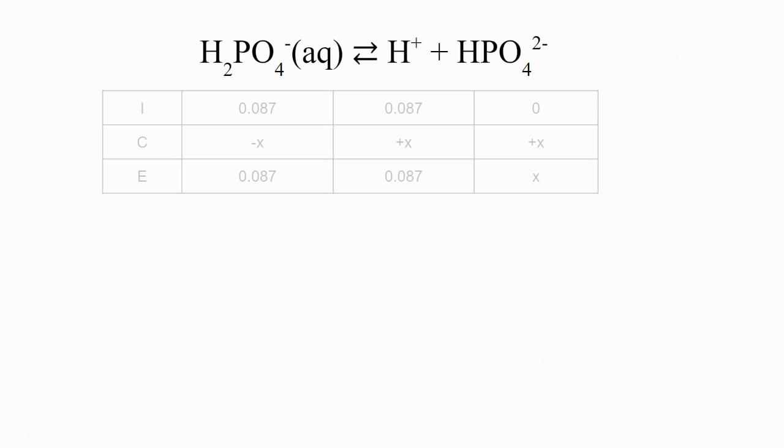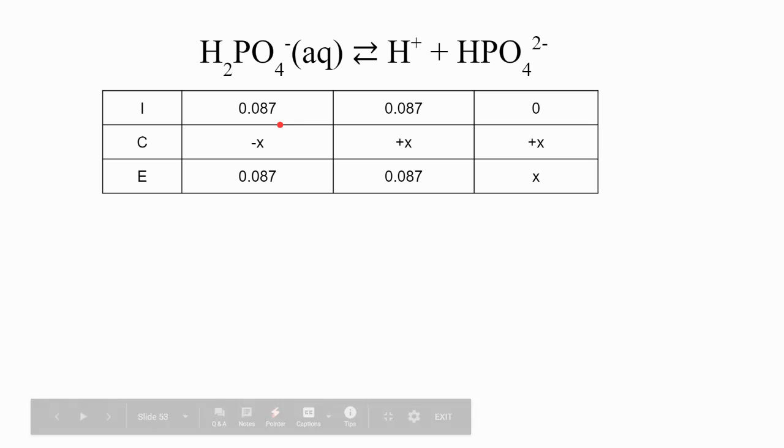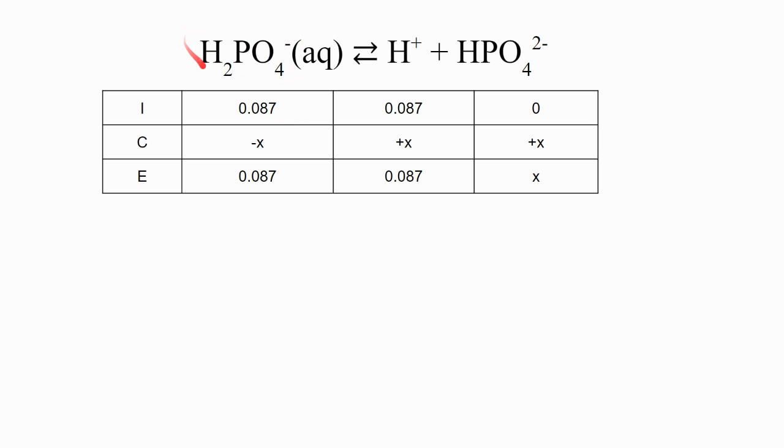Okay, so remember in the first one, we ended up with 0.087 for this ion, which is the conjugate base of H3PO4. It becomes the new acid, as we said earlier in the notes. So that's 0.087. This is also 0.087 because this was in a 1-to-1 ratio with this.